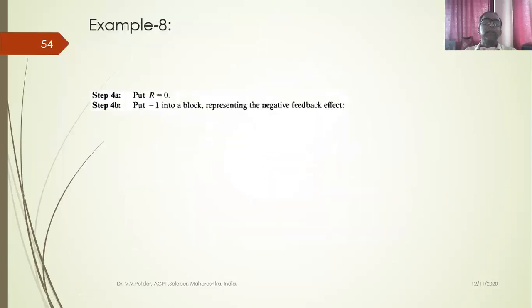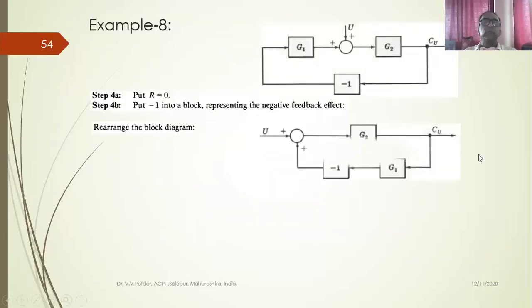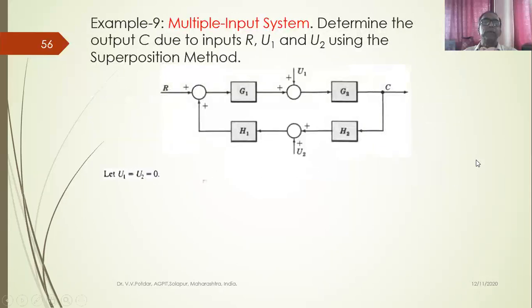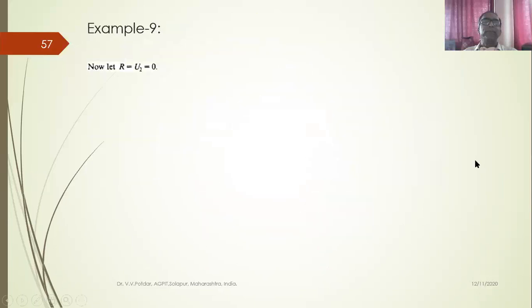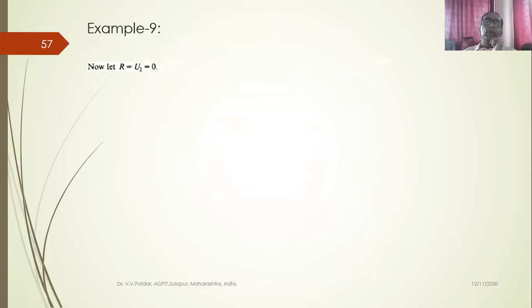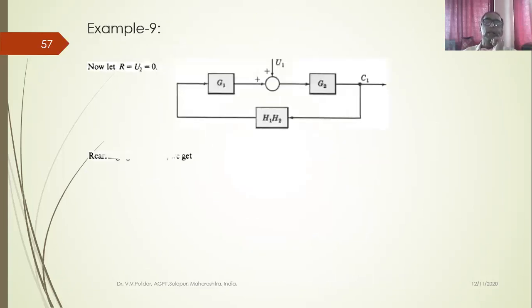So ultimately what I get is C because of R, C because of U1, C because of U2. And the final C will be equal to the addition of C because of R, that is CR, C because of U1, that is CU1, and C because of U2, that is CU2. Addition of these three will give you the final output C, and you can get the transfer function as well.